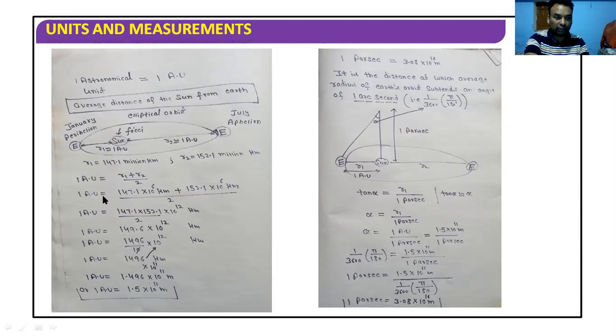So one astronomical unit, now place the value of R1, which is 147.1 million, meaning 10 raised to the power 6 kilometer. 1 million is 10 lakh. Plus place the value of R2, which is 152.1 into 10 raised to the power 6 kilometer, and divided by 2.